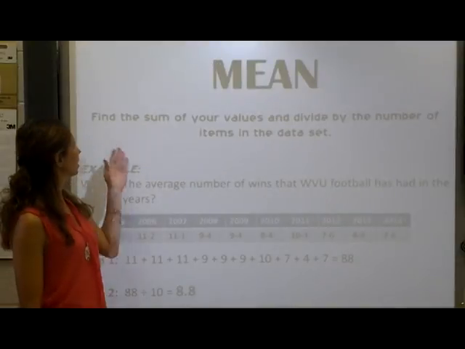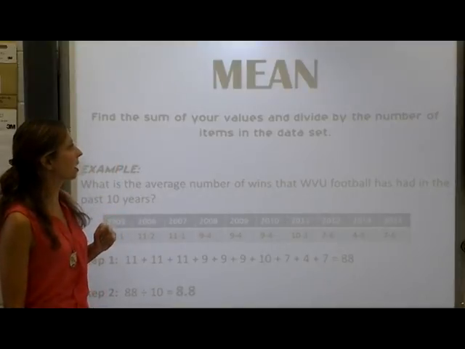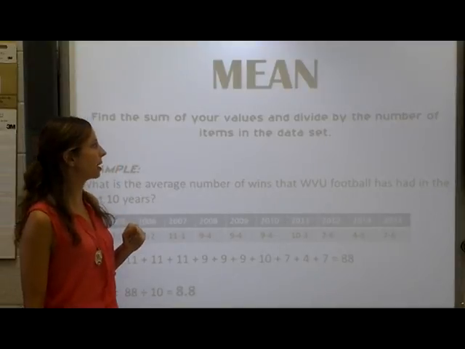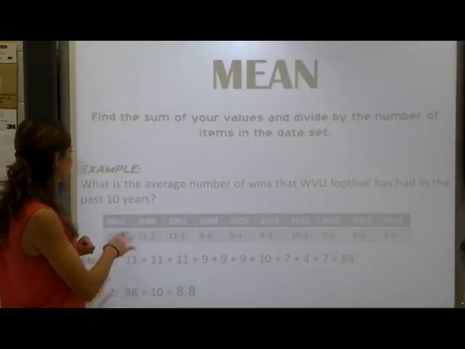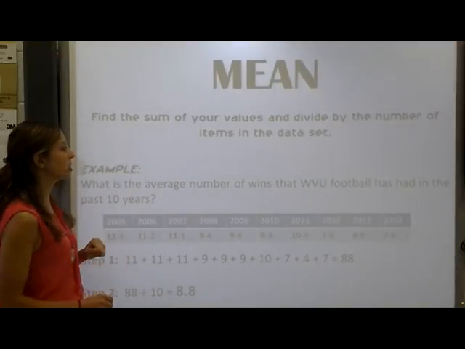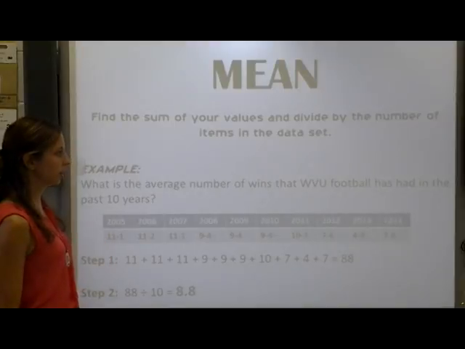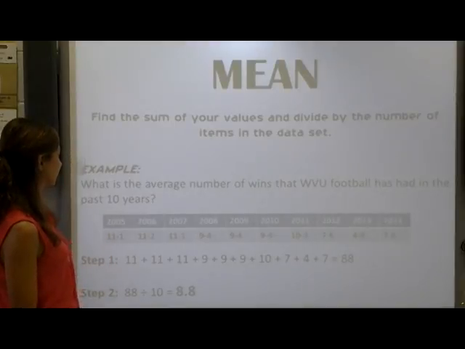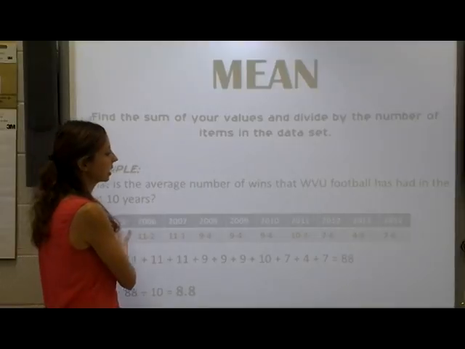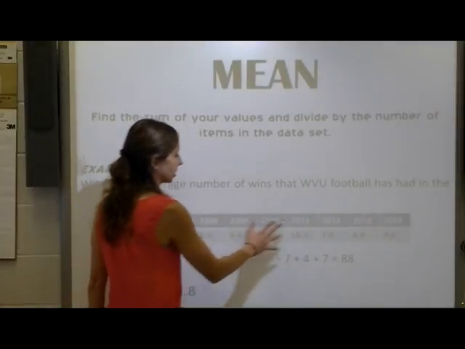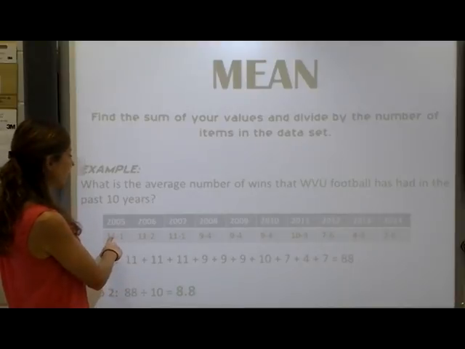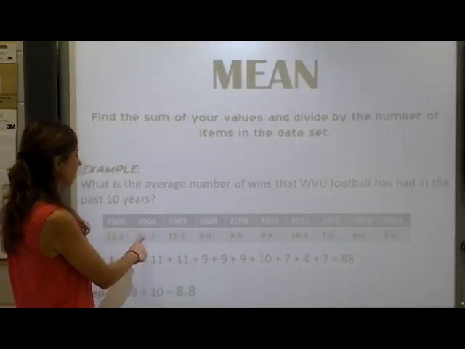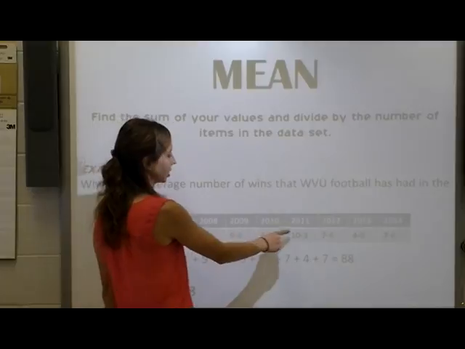Starting with the mean, we find the sum of our values and divide by the number of items in a data set. So if we take a look at an example, what is the average number of wins that the WVU football team has had in the past 10 years? So here we have all the records over the past 10 years for the football team, and the first number is the number of wins they've had each season.